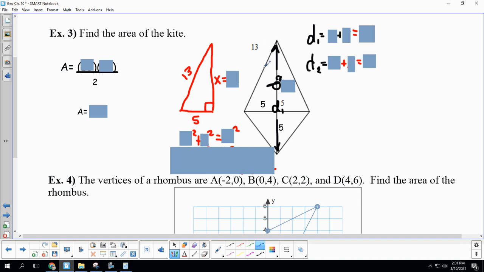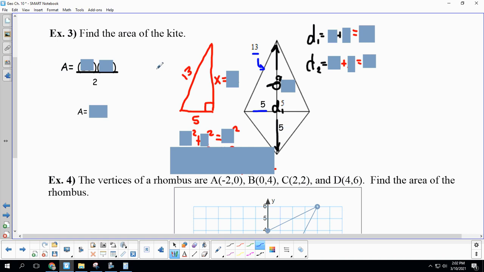If you're following me at home, just know some of my numbers got a little separated from their shapes. This hypotenuse here is 13. This piece of the diagonal is 5, its other piece is also 5, and this piece of diagonal at the very bottom is also 5.